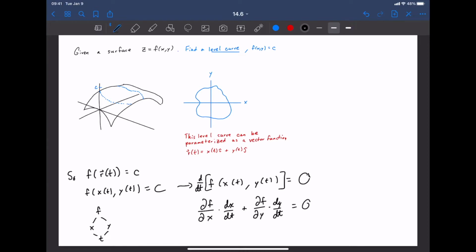Now, this is not the type of trick that's easy to notice, but someone did notice it. What's on the left kind of looks like an x thing with an x thing plus the product of a y thing with a y thing.